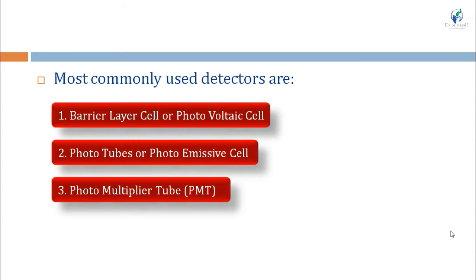Among these three widely used detectors, the PMT, the photomultiplier tube, is the most widely used. So the commonly used detectors are three: photovoltaic cell or barrier layer cell, photoemissive cell or phototube, and photomultiplier tube, means PMT.